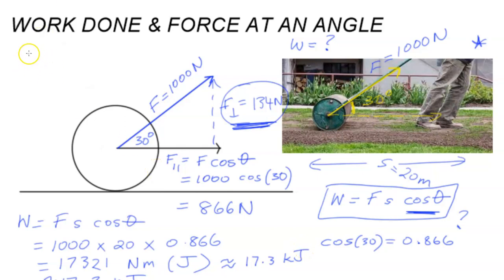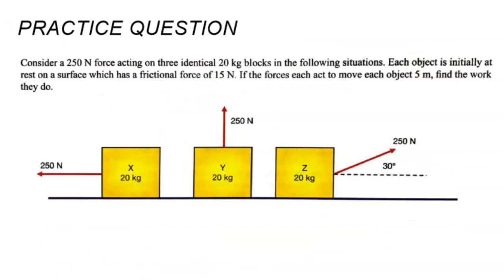And thinking back, this compares to 20 kilojoules of work done if that force was applied fully in the horizontal direction. Now you can go on and have a go at this practice question.